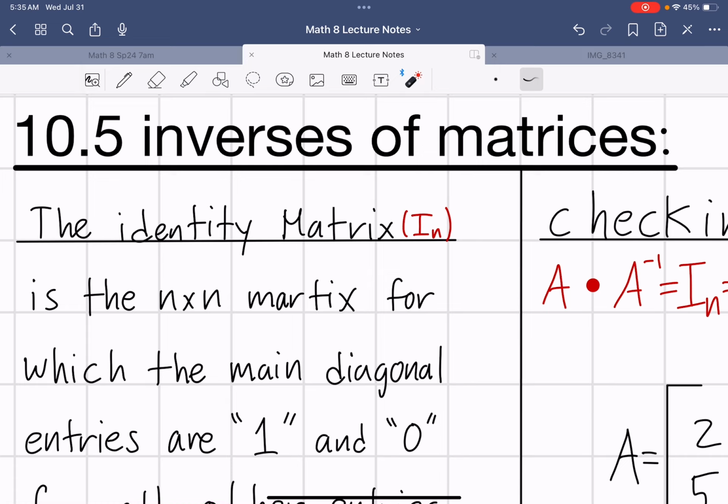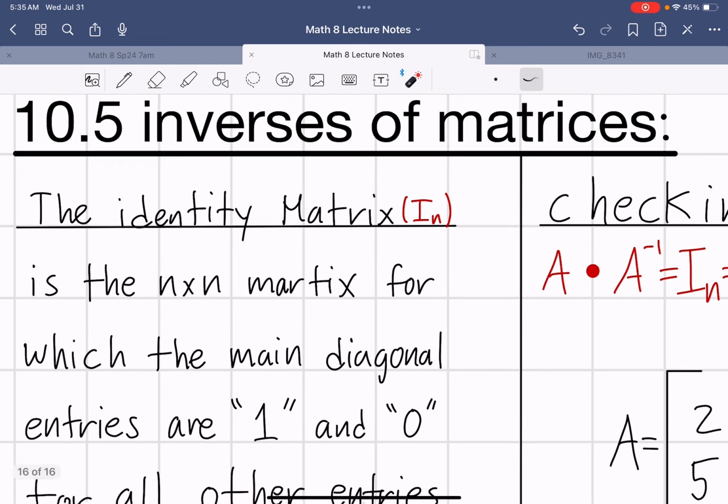But for the identity of matrices, we use that multiplication that we just did. To verify if two matrices are inverses of each other, you have to be able to multiply these inverses, and you're left with the identity matrix.